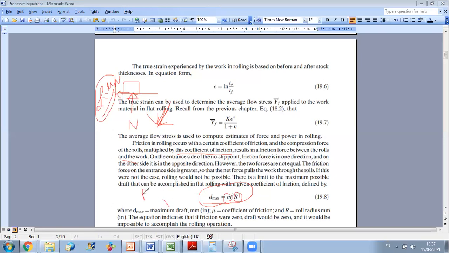If you want a higher draft, you should do multiple passes, passing your work part several times through the rolls. Mu, or m, is the coefficient of friction between the two surfaces, and R is the roll radius in millimeter or inch. The equation indicates that if friction were zero, draft would be zero. So no operation is possible without friction between the surfaces.